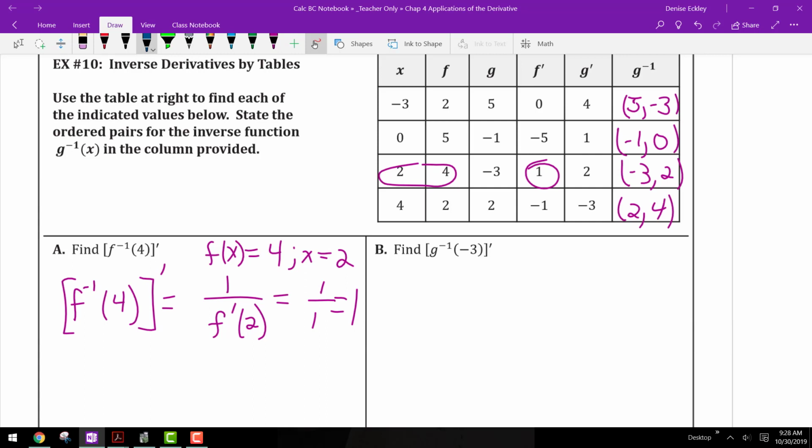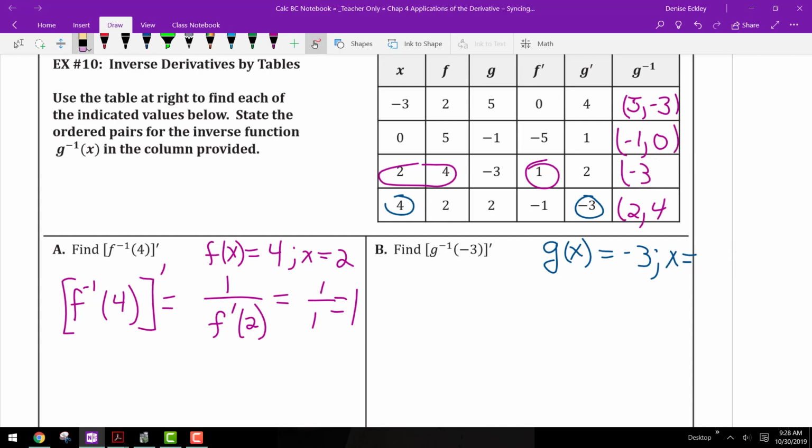Okay, next we want g inverse prime of negative 3. So we're looking for where g of x equals negative 3, and we're going to see that's at 4. So here our x is going to equal 4. I'm sorry, I have the wrong value. It's not going to equal 4, it's here.